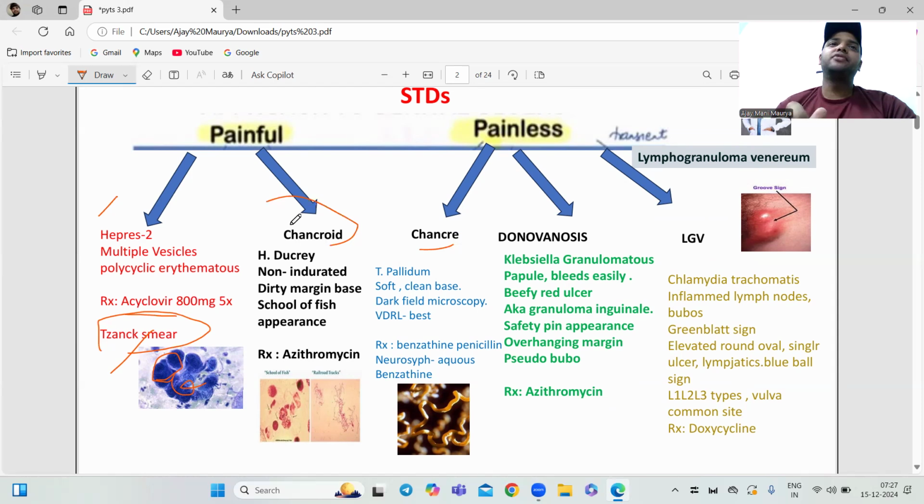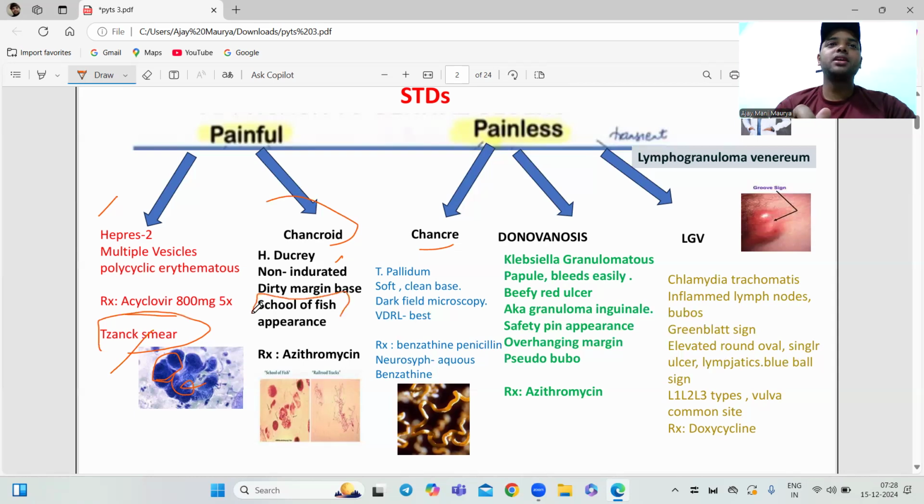Next one is the painful one, the chancroid. It is not the hard chancre. This is called H. ducreyi. Why will you cry? Because of the pain. That's why it's painful. This is non-indurated, not hard. It has dirty margins and a school of fish appearance.